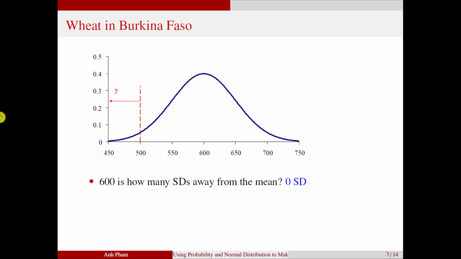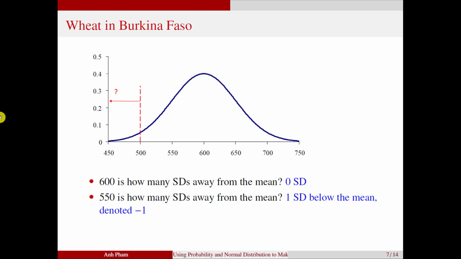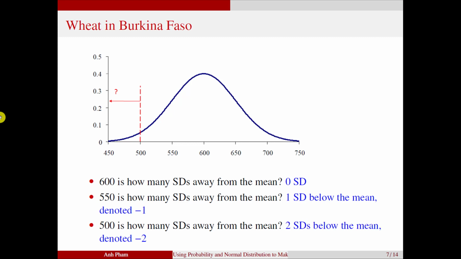It is 0, because 600 is the mean. 550 is how many standard deviations away from the mean? It's 1 standard deviation below the mean, or we denote it as -1, because the mean is 600 and the standard deviation is 50. Therefore, what is 500? In this case, 500 is 2 standard deviations below the mean, or -2.